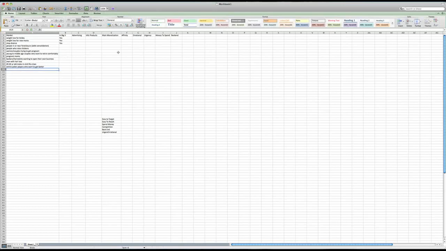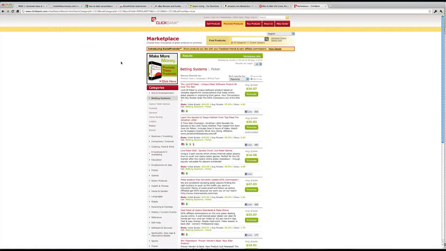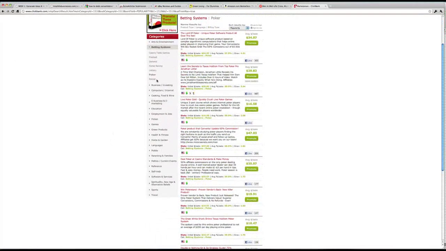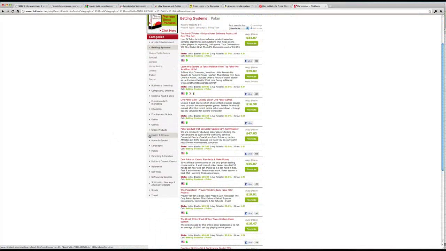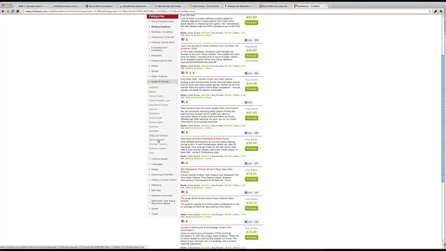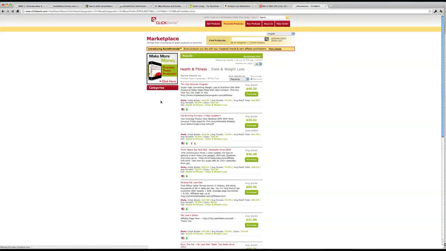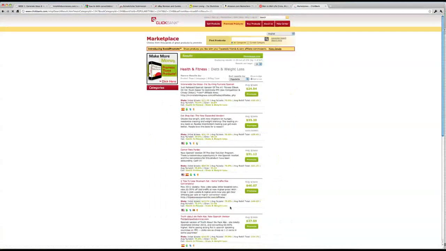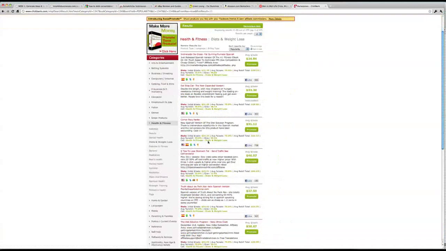Okay, so let's go back here and look at another one that I found before, which is down here under health and fitness. Weight loss, we know all about that, but let me find it here. Diet and weight loss. There was one that I found the other day. These are all obviously the big selling ones, but we're going to move through here.